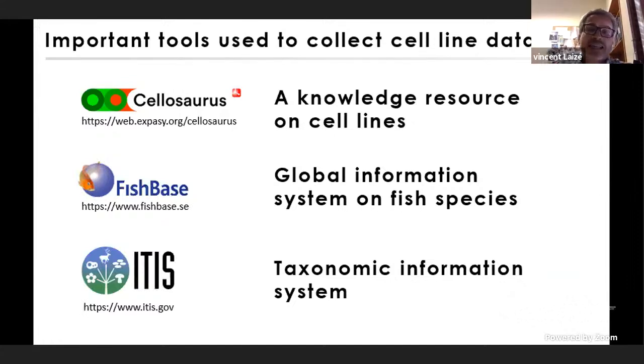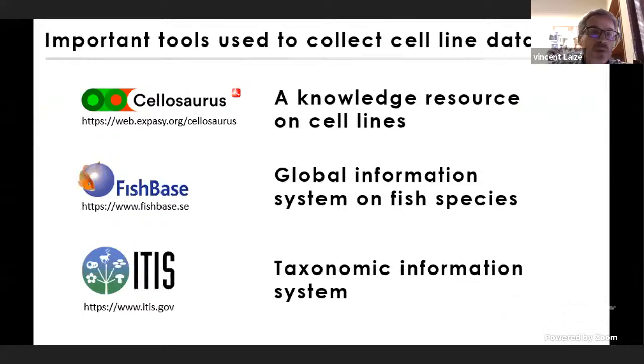It lists about 125,000 cell lines and provides information on the cell type, the species of origin, the tissue of origin, etc. It contains information mostly on vertebrate cell lines, also on insect cell lines, but not on plant. And it's only about immortalized cell lines and stem cell lines. It does not present any data about primary cell culture. I will give some definitions about primary cell culture and cell lines in the next slide.